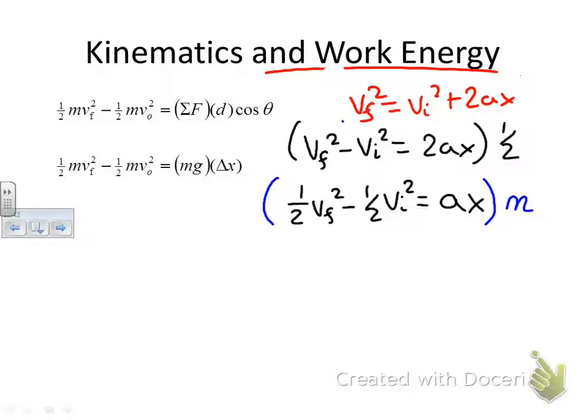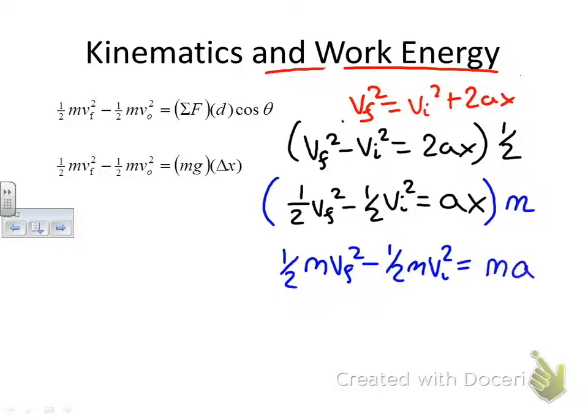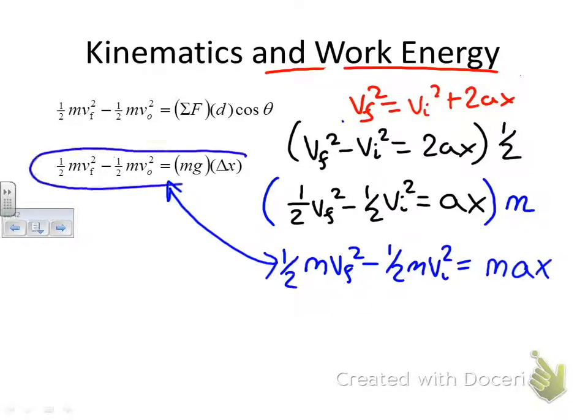If we multiply by the m, we end up with 1/2 m V final squared minus 1/2 m V initial squared is equal to m a x. It's the same equation. This work energy theorem is where our fifth kinematic equation came from, just a simplified version.